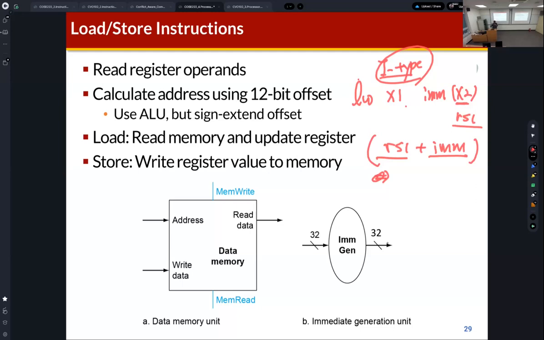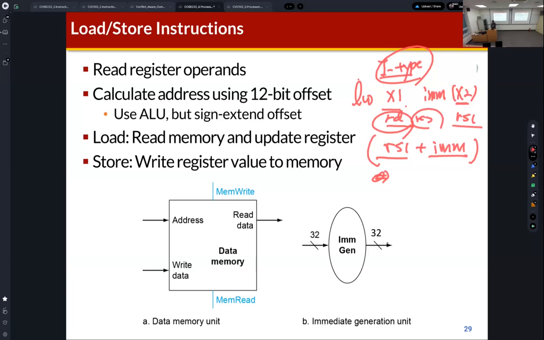The target address of this load word instruction is calculated, and then the data is read from the memory, and this read data is written to the register. This is the RD. The store instruction is the same, but this becomes RS2, another source register.